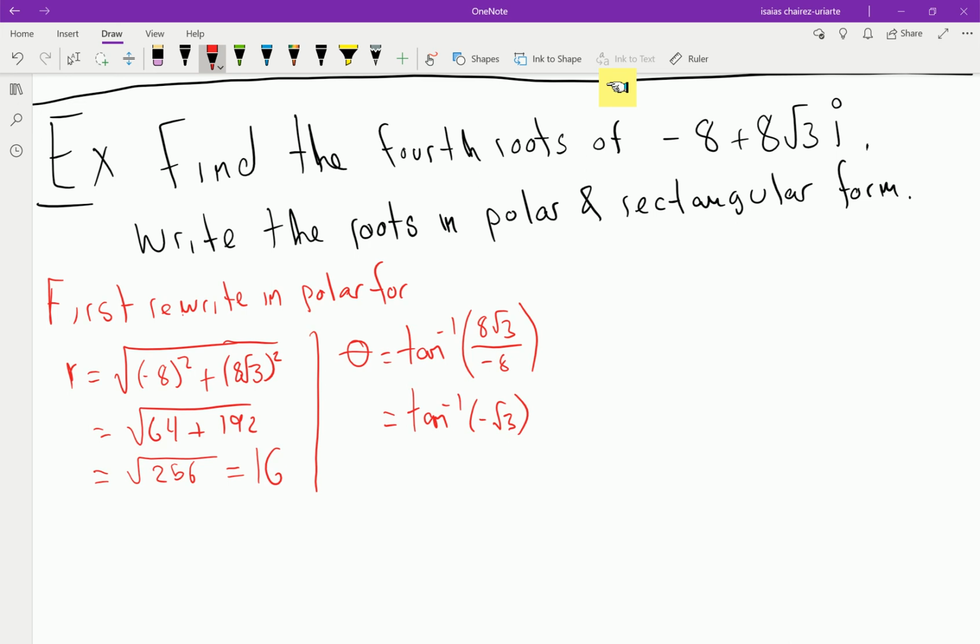That's going to happen in quadrant 4. If you punch this into your calculator, it would say -60. But then you have to think about its coterminal angle, because anytime we're dealing with the polar form of a complex number, we want theta to be between 0 and 360. So this is going to become 300. These guys are coterminal.